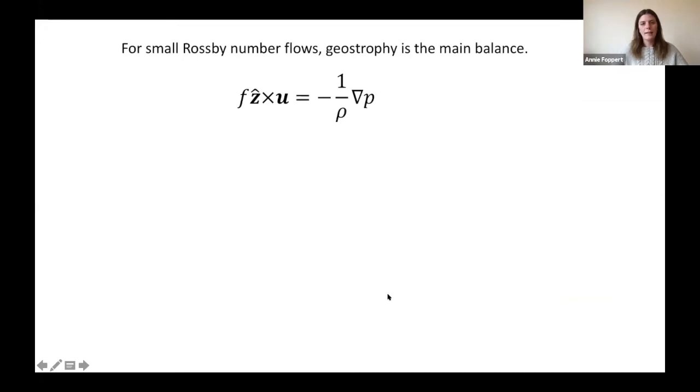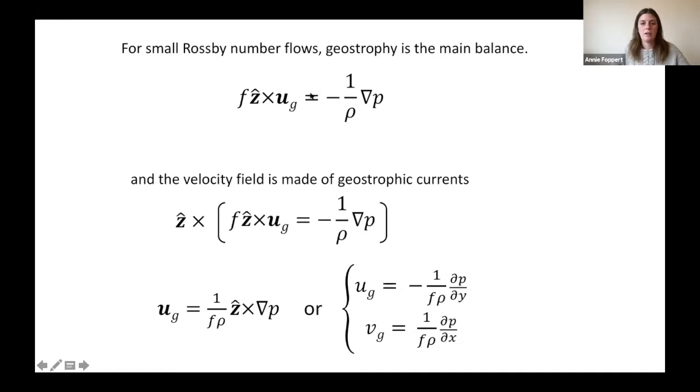So again, geostrophy is the main balance, and you do see this along pressure contour flow of the horizontal velocity. And so we can call that a geostrophic velocity or geostrophic current. And you can take the curl and then find that it is directly related to the horizontal pressure gradients, scaled by rho and f.